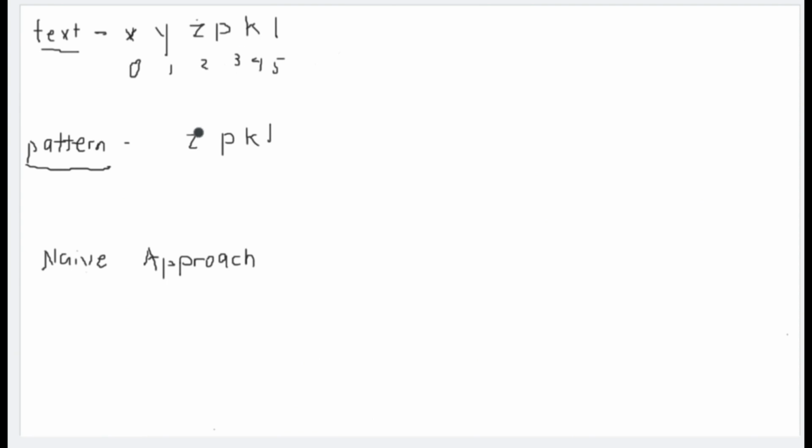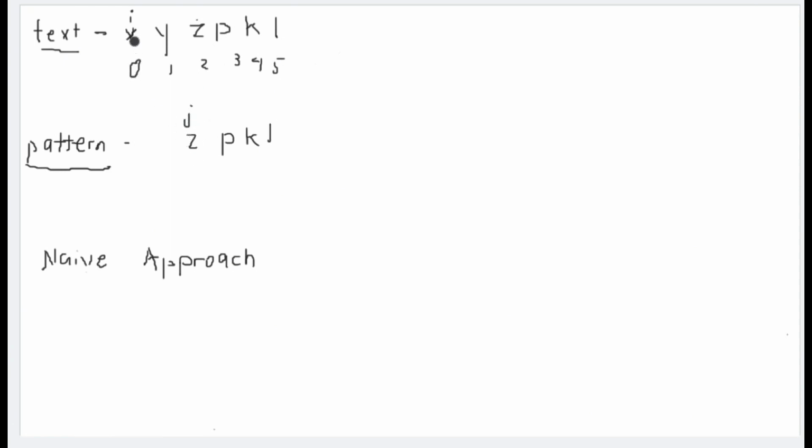Then we need to base it on the first character of the pattern. For the first character of the text, with the index of 0, it is x. Usually we put an i here, called an index, and here j, to know if the characters are going to be similar.